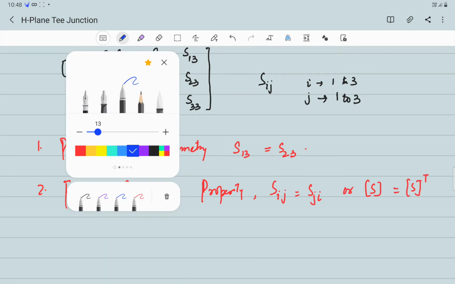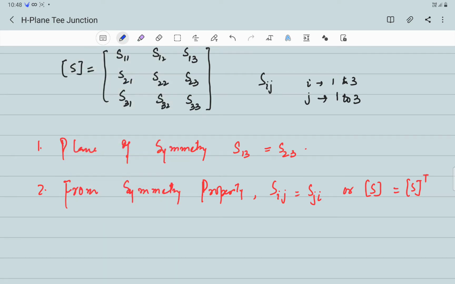So S12 is the same as S21, S23 is the same as S32. But we have seen S13 is the same as S23, and S23 is the same as S32. That means it has to be equal to S13. And further, S13 is the same as S31.